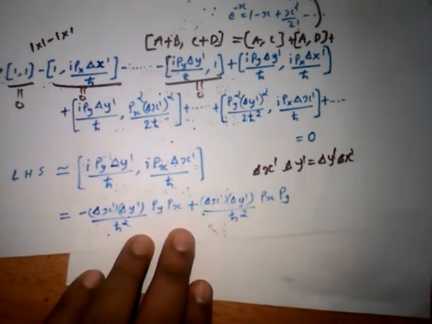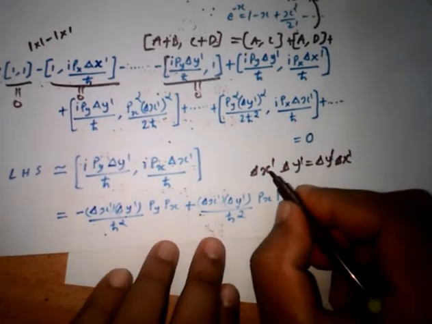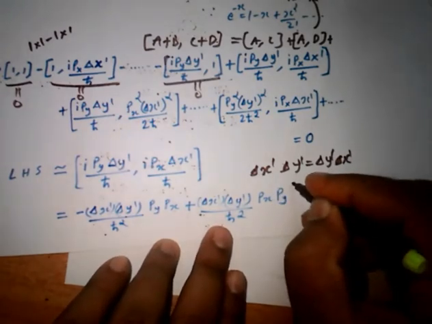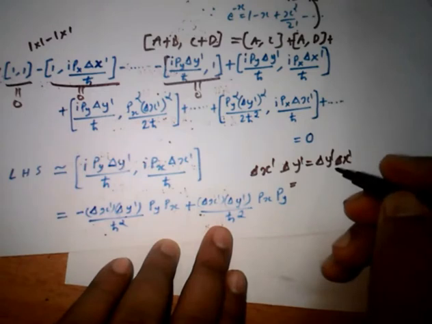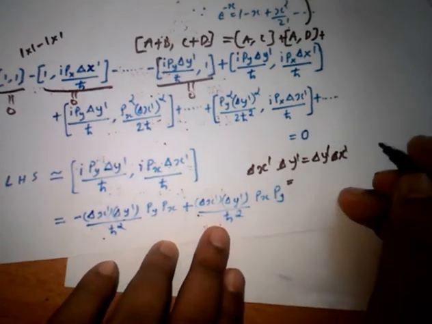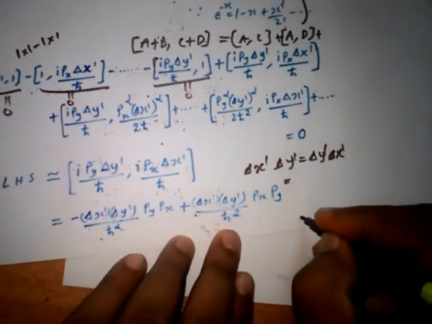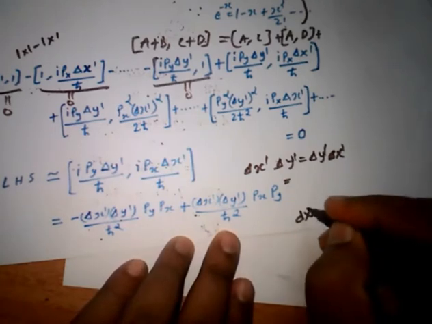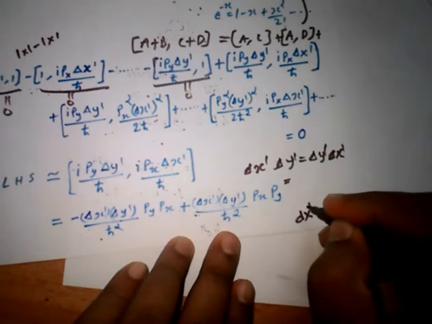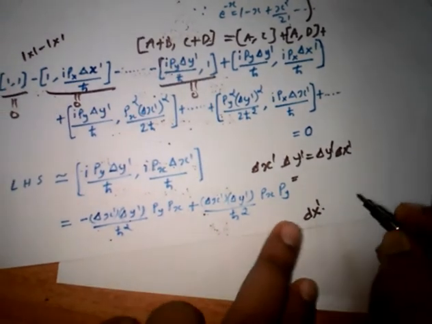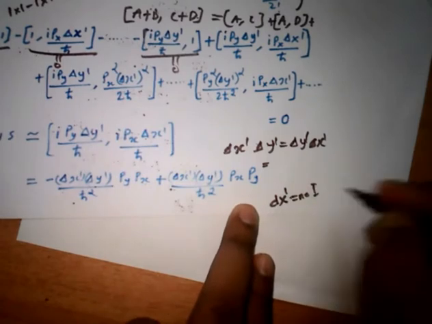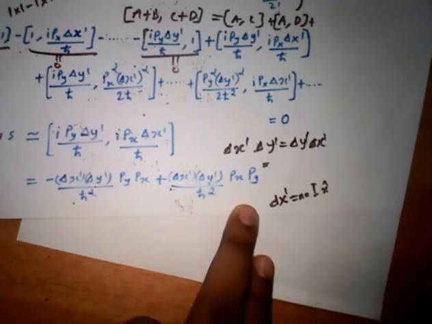This is a finite translation, with finite distances. These operators are similar to the infinitesimal translation operator, where we have learned dx' equals a number into an identity operator in some particular direction.